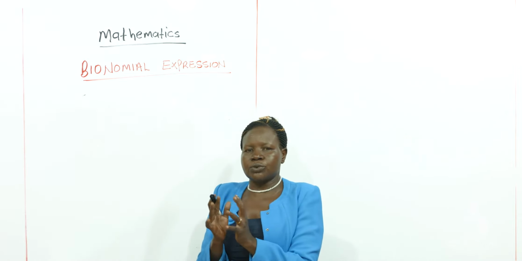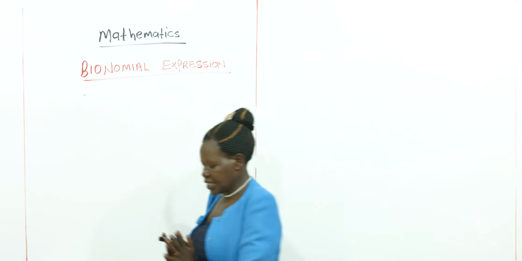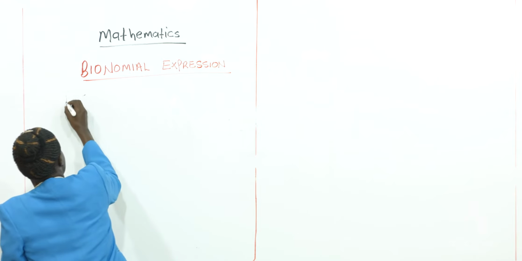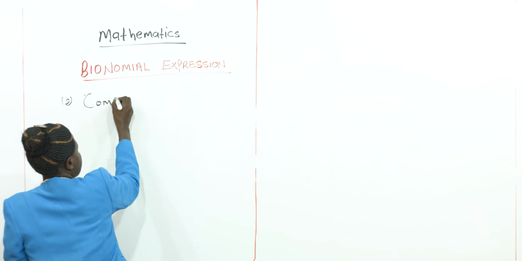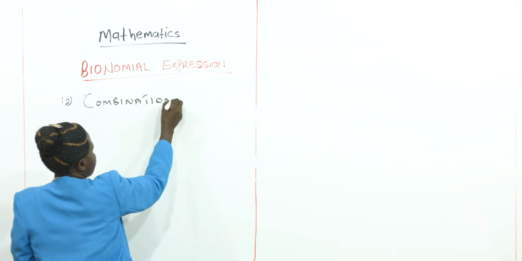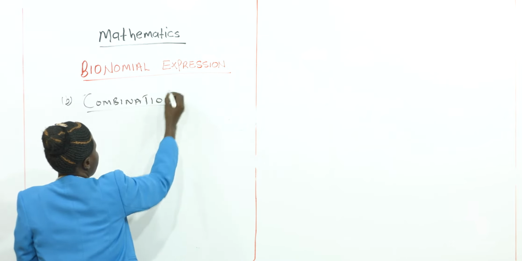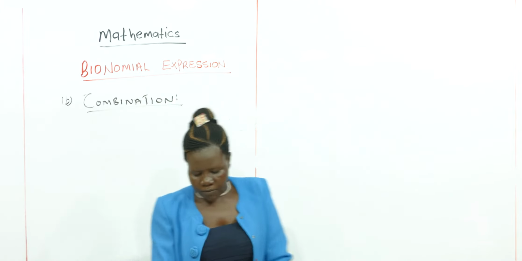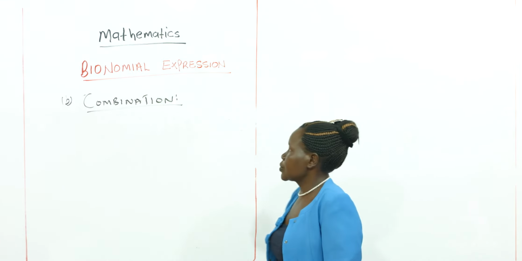They are always 2, and that is permutation. And then the second one, which we treat as B, is combination. So, dear learners, we shall pick up from that part of combination in our next lesson.